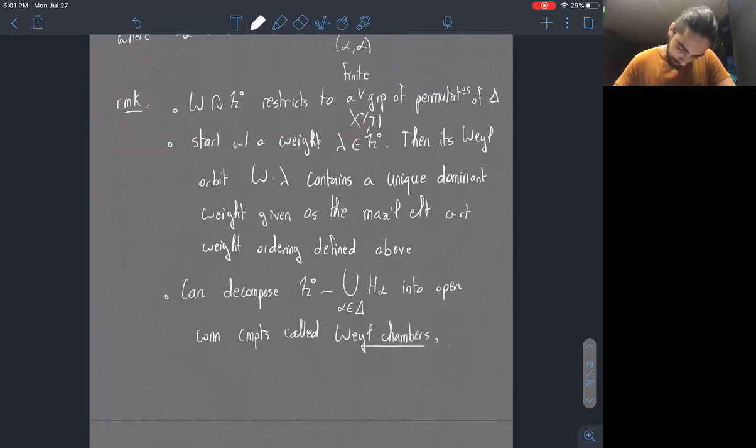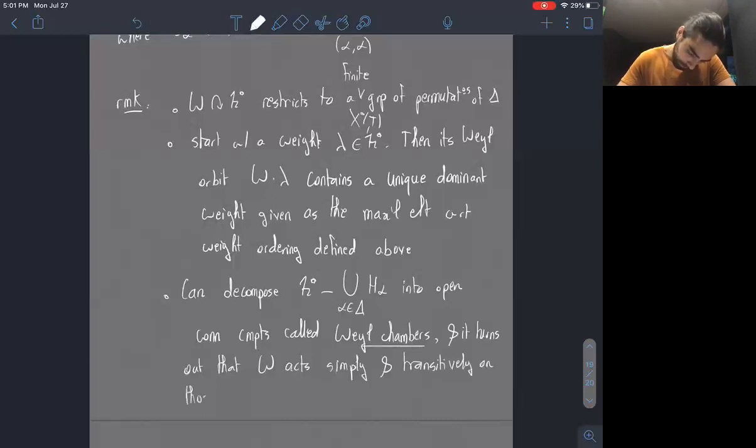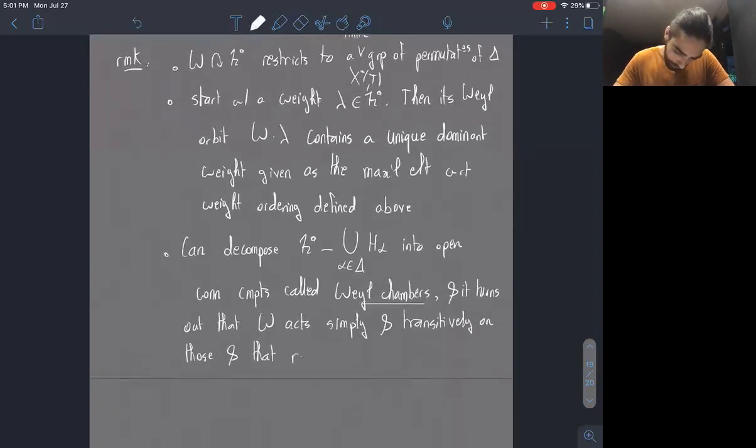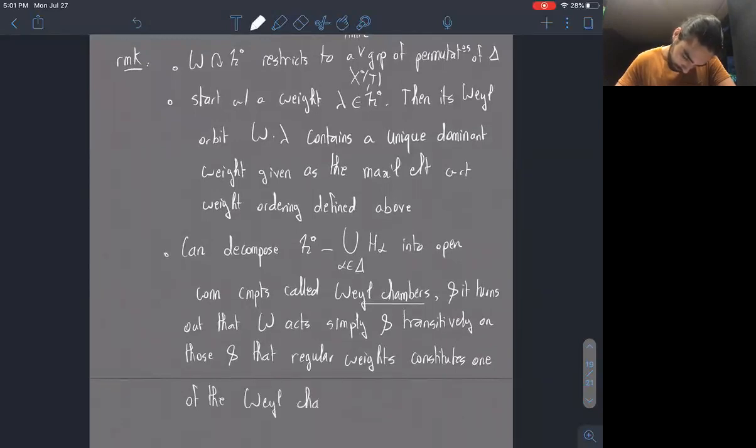And it turns out that W acts simply and transitively on those. And that something which I had mentioned before, regular weights constitute one of the weight chambers, which we call the fundamental weight chamber.